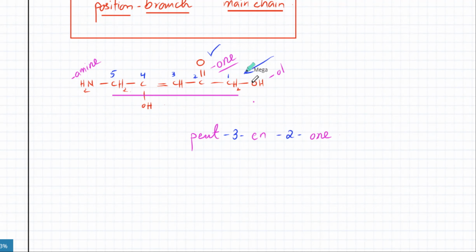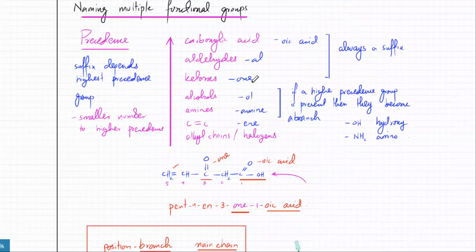Now, what happens to the alcohol? I told you that an alcohol, if a higher precedence group is present, becomes a branch. You start considering it a branch, and this would be known as a hydroxy branch. So you would no longer consider it a suffix. This is what we wrote down, that if a higher precedence group is present, then they become a branch.